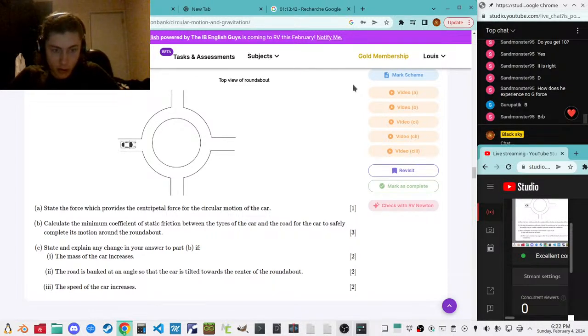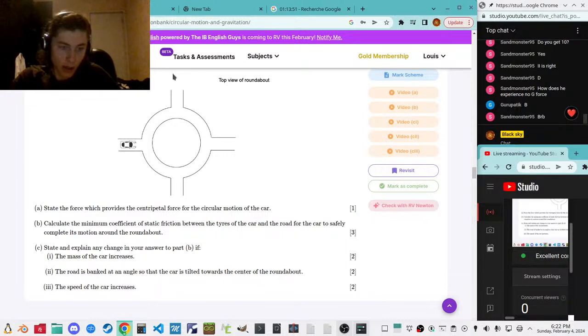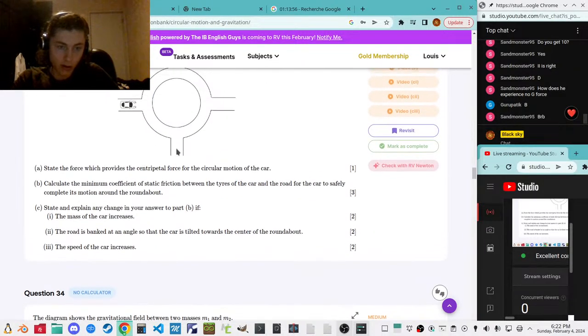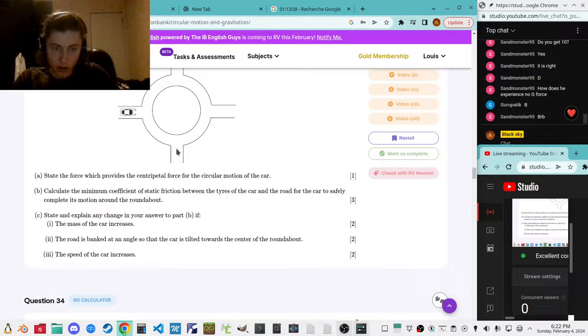Calculate the minimum coefficient of static friction between the tires of the car and the road for this car to safely complete its motion around the roundabout. That's what we just did. Explain any changes in your answers to part B if the mass of the car increases. That would change. That would decrease. The road is banked at an angle. That would decrease.